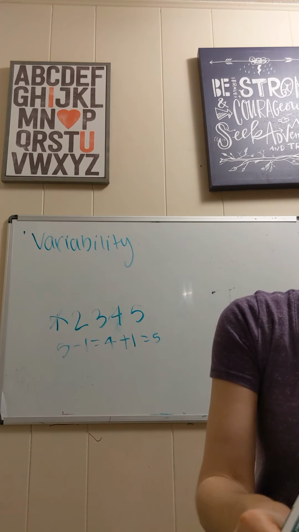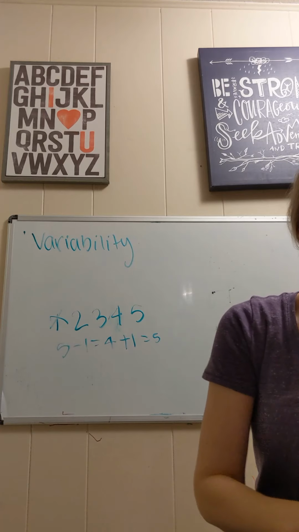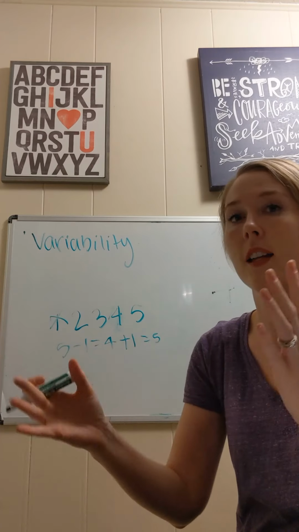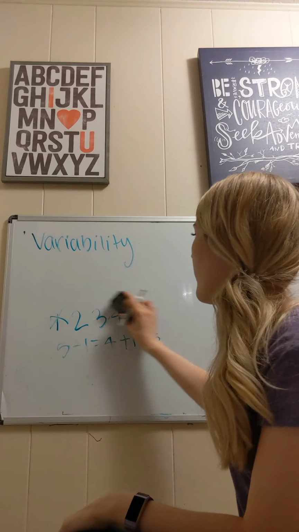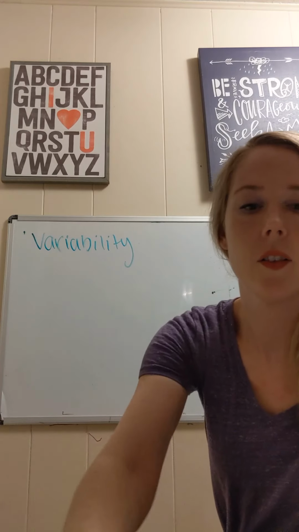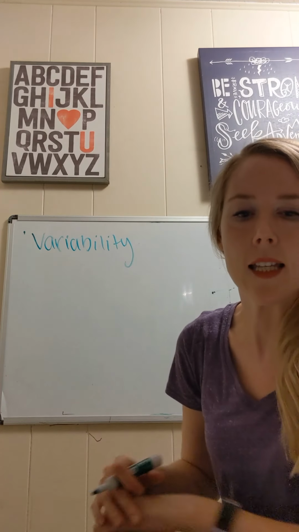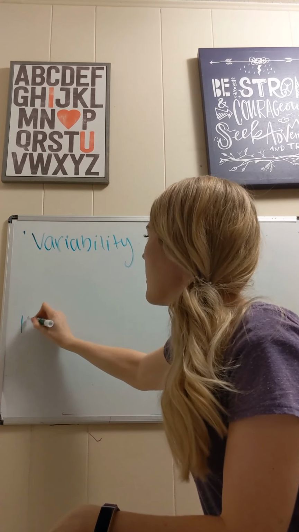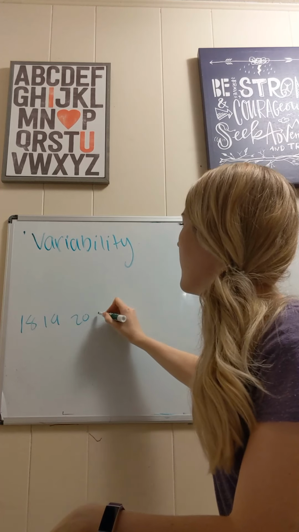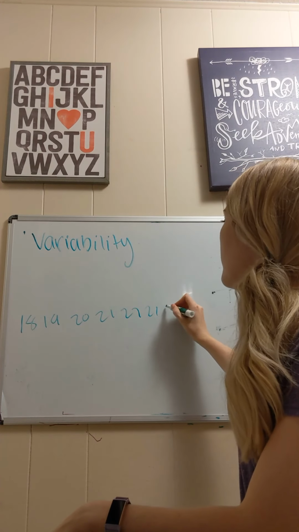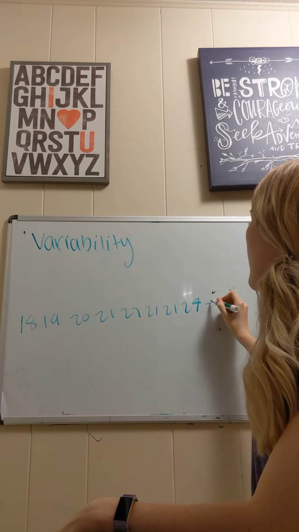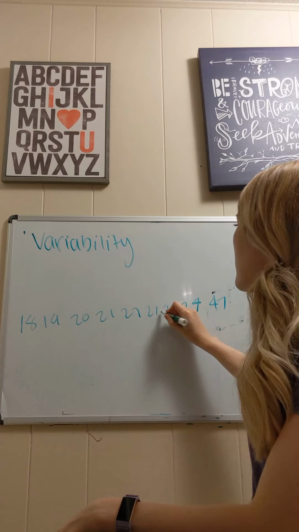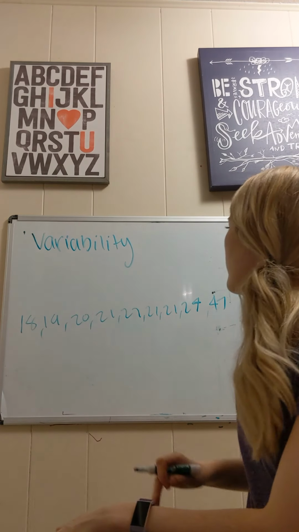Okay. So the next thing we're going to talk about is what if there is an outlier, like there was for the mean, that might skew this range. So let's say that I do have 18, 19, 20, 21, 21, 21, 21, 24, and let's say I do 47. Let's say these are ages in a classroom.